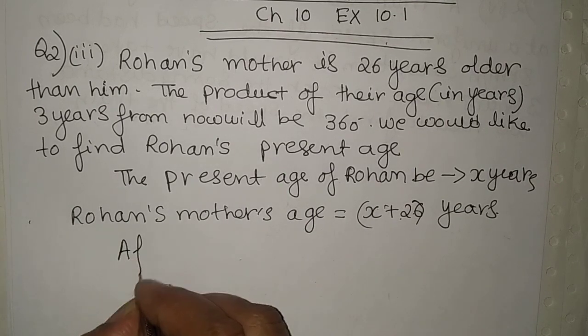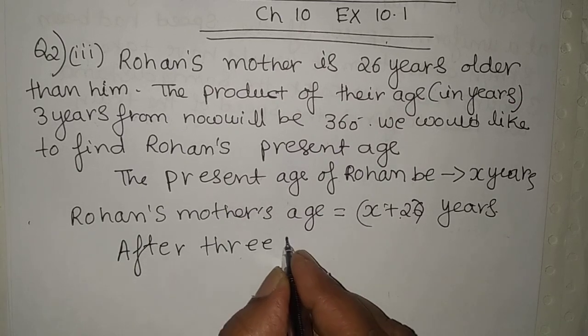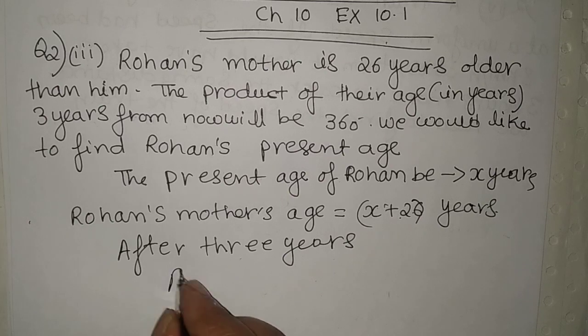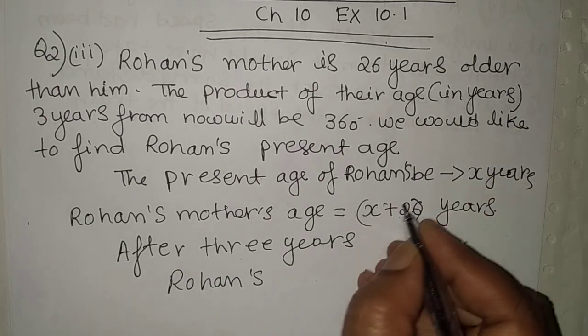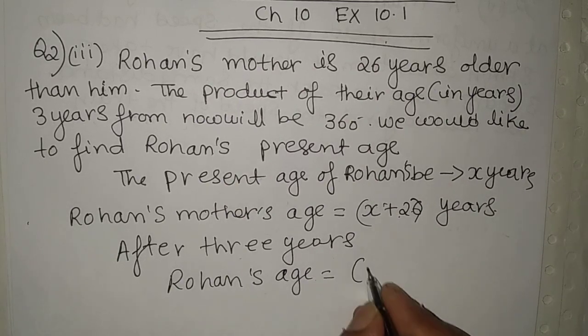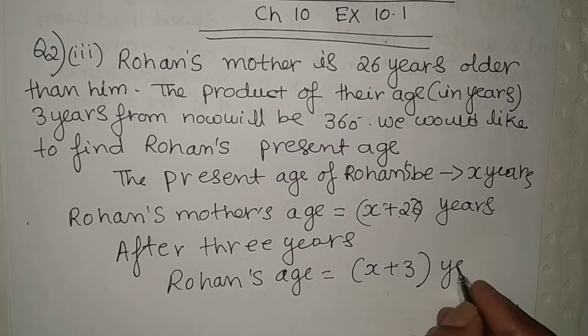So after 3 years, what is the age? Now Rohan's age is equal to x plus 3 years.